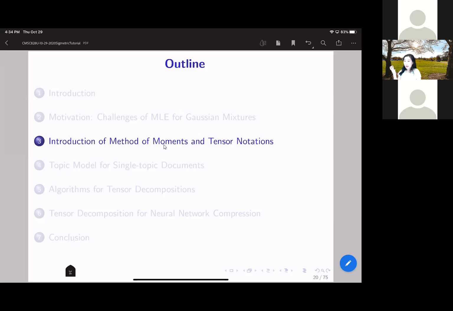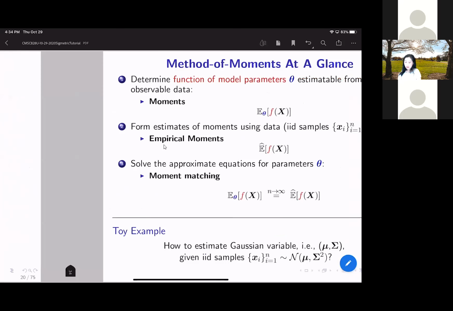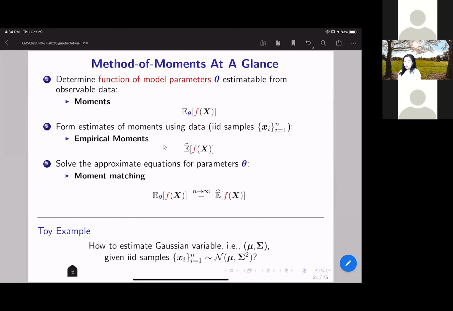Even if you walk away from today's lecture and don't remember any of the detailed methods we introduce, you should remember this idea of method of moments. Of course, I will also introduce some tensor notations. This will be helpful for understanding the later explanations, but really the concept of method of moments is the most important thing from today's lecture.